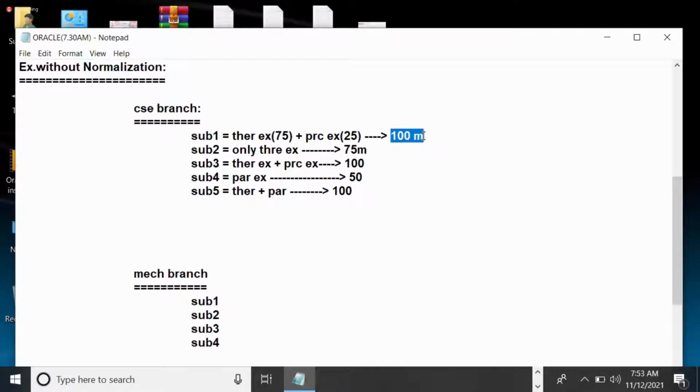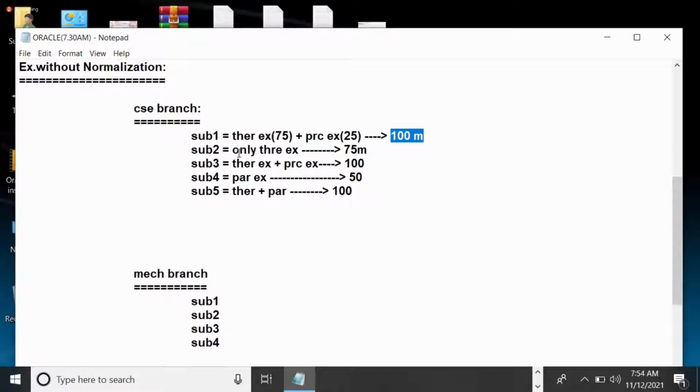So based on the examination name, whether you are writing a practical or theory examination, your total marks will change. Here in subject 1, I'm writing 2 examinations, that's why my total marks is 100.